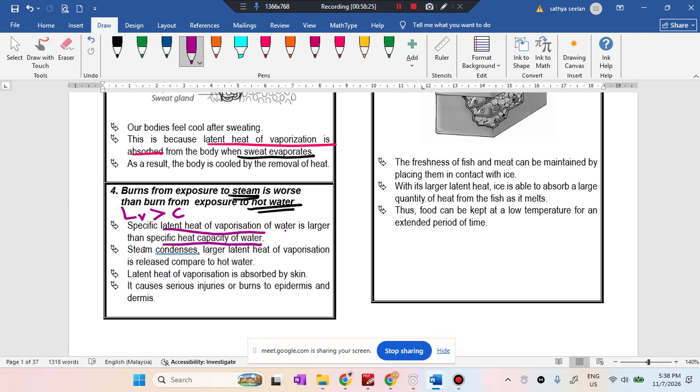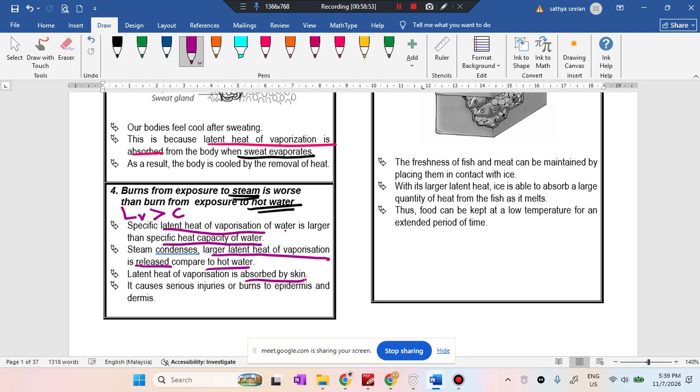Jadi masa dia condense, kalau steam, masa dia condense, apa dia akan buat? Macam peluh tadi. Dia akan, large latent heat of vaporization is released. Dia serap dan dia pergi. Masa tu, pedih, compared to the hot water. Okay? So, latent heat of vaporization is absorbed by the skin.